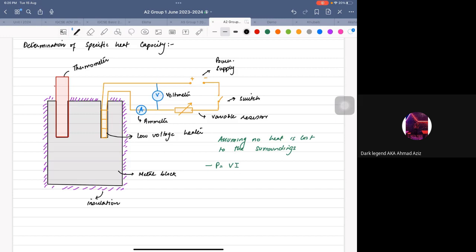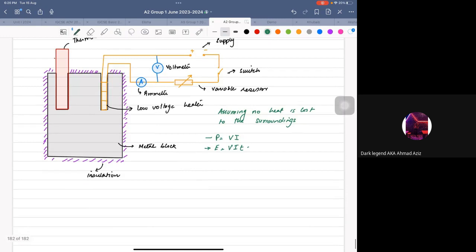Now, because the power is being supplied by the supply, it will have a certain voltage and a certain current. We can apply that to find the power. Or directly we can find the electrical energy by multiplying voltage times current and the time for which we have turned the heater on. Okay, like that.